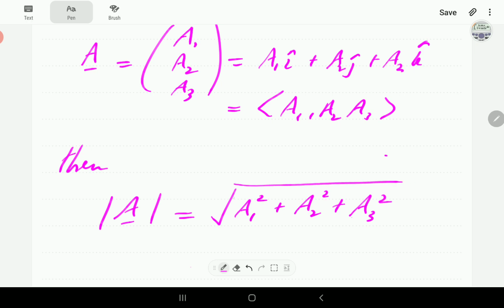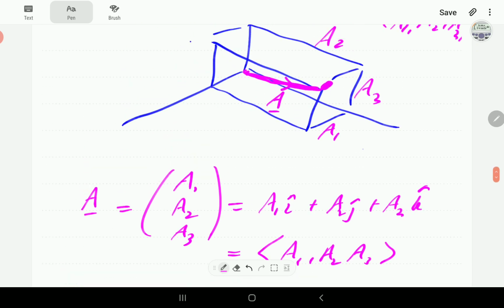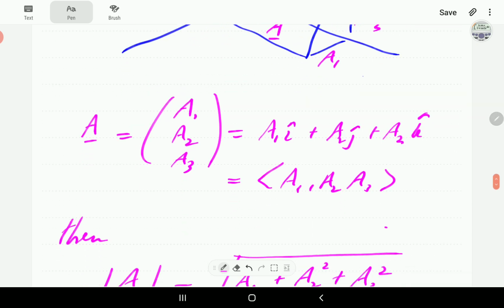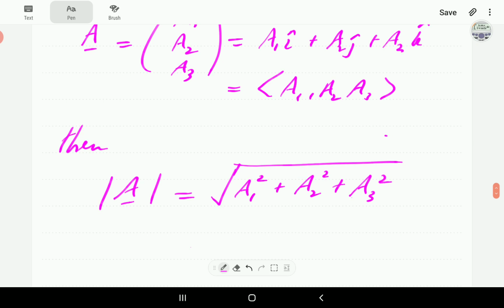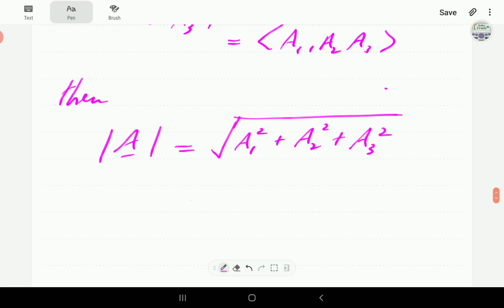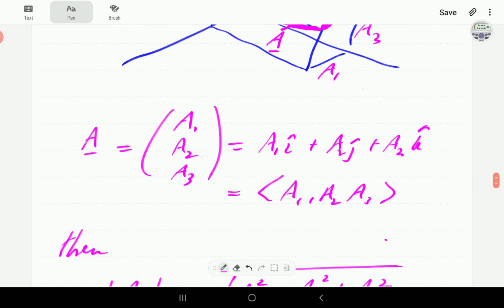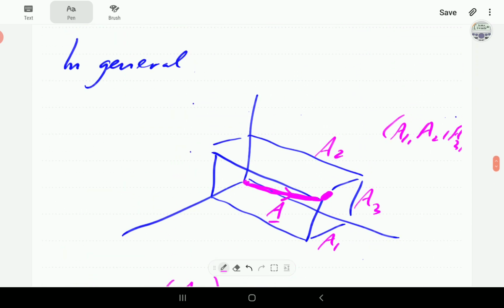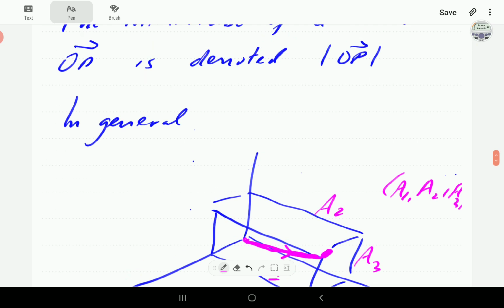This is a simple consequence of Pythagoras, of course. So that's going to be the magnitude of the vector A. I think we can end there. In the next video, we are going to start looking at some examples.